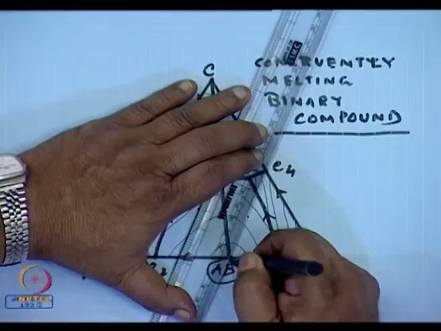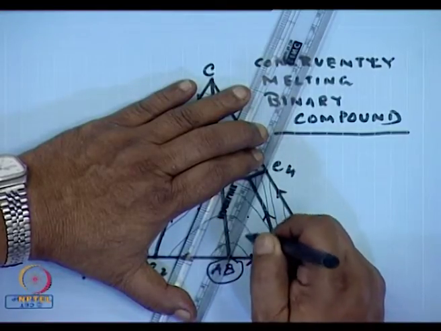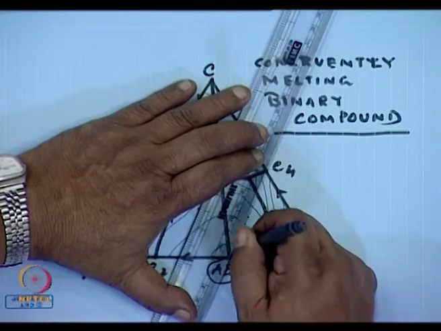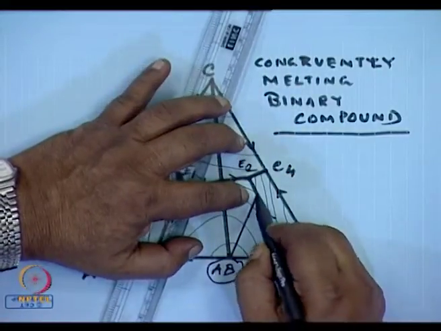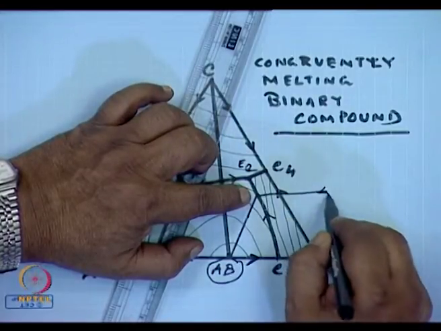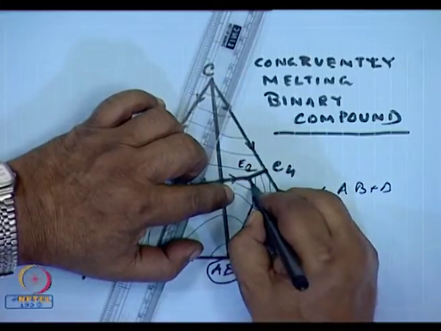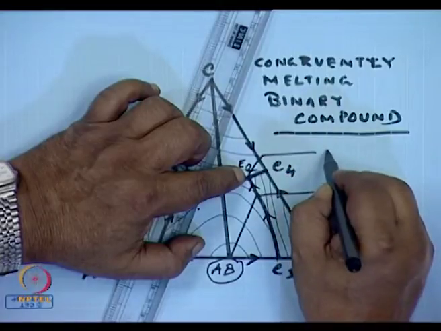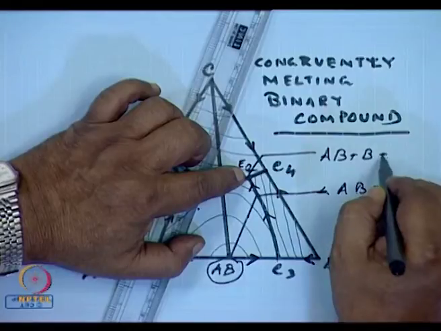And hence, as it cools through here, more and more AB would have separated out as the cooling progresses from here through here. At this point, AB and B will separate out. Cooling will progress till E2, where AB plus B plus C separates out.